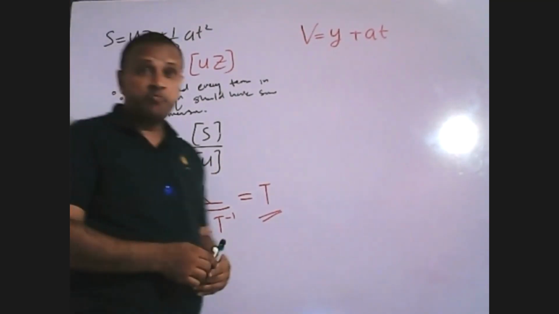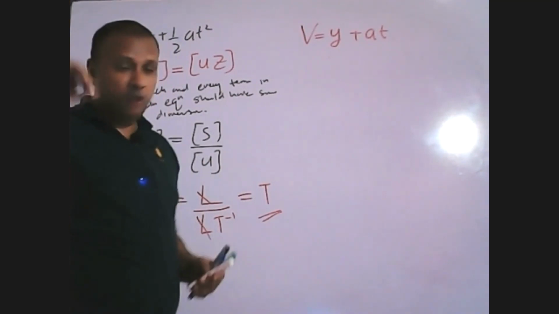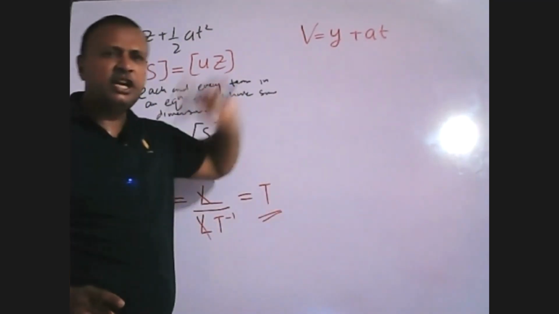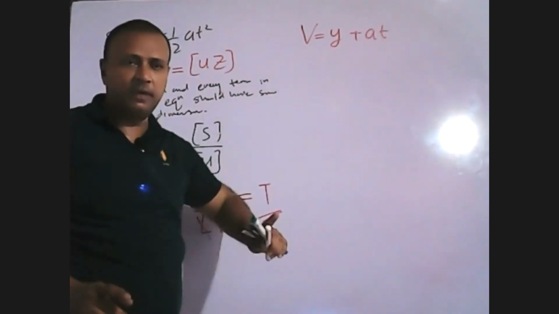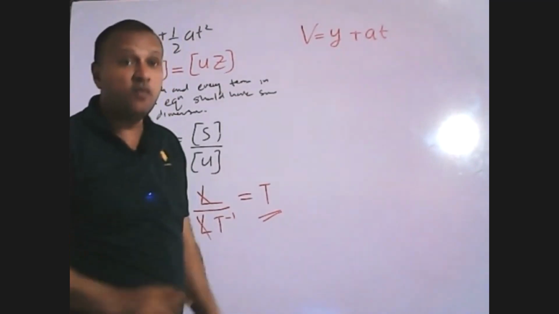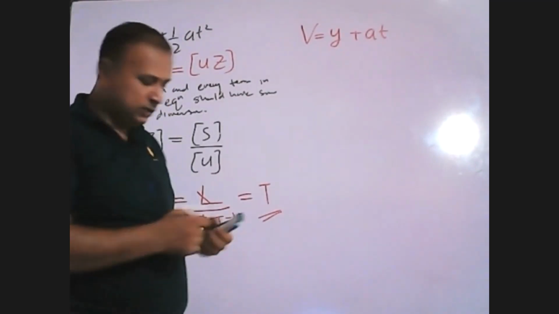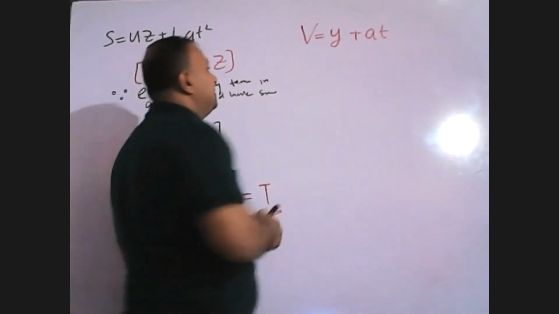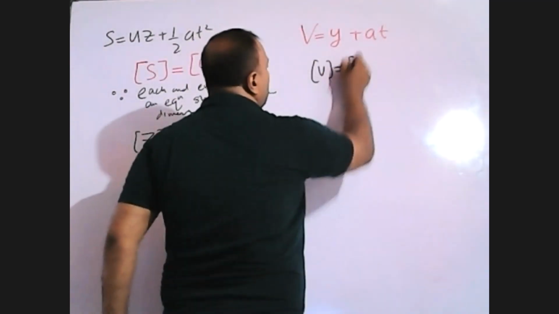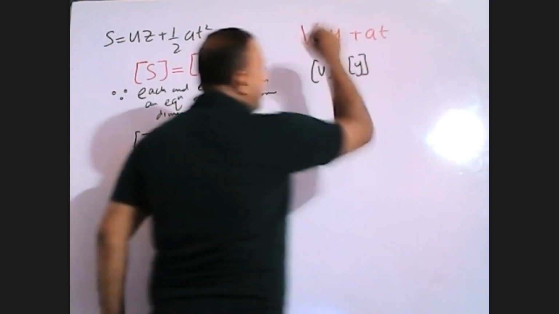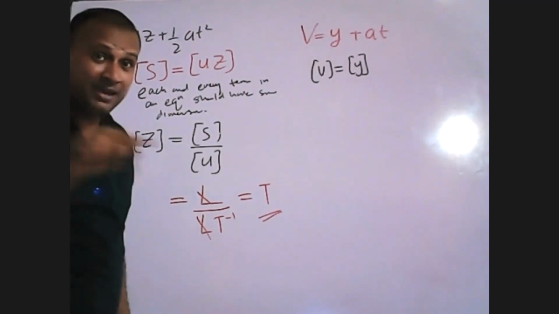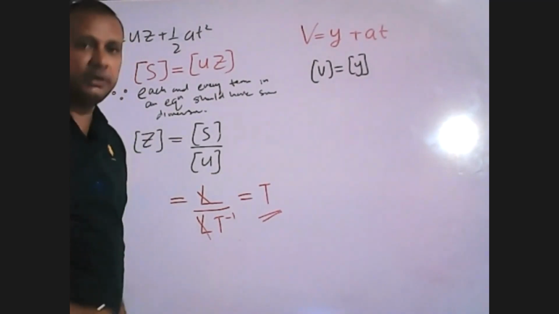According to our previous logic, if it is an equation, each and every term should have same dimension. So dimension of Y should be equal to dimension of V. After that, you have to write the argument here.